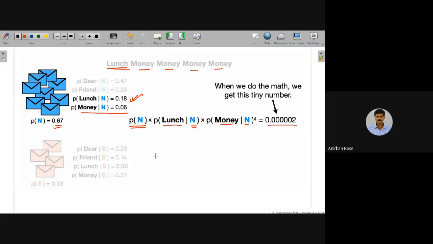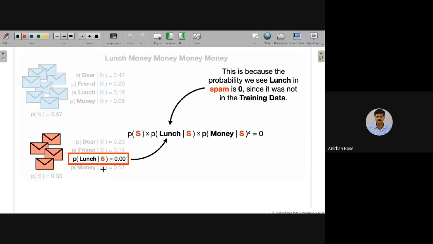Okay. Now do the same calculation for the spam. And if you do that, then what you are getting is that spam, then probability of lunch given it is spam into probability of money given it is spam to the power 4. But here this lunch word is in our training data set nowhere there in any of the spam.